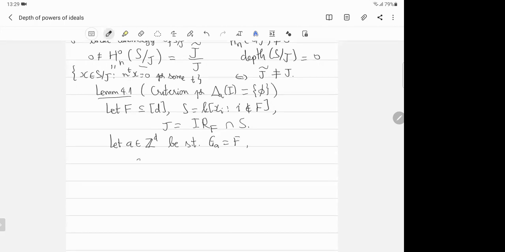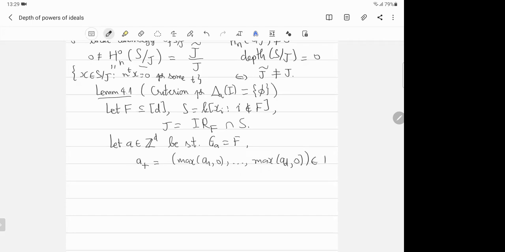I also denote by A plus the vector with the components max(A1, 0) up to max(AD, 0). If a component of A is negative, you replace it simply by 0, and if that component is positive, you keep it.